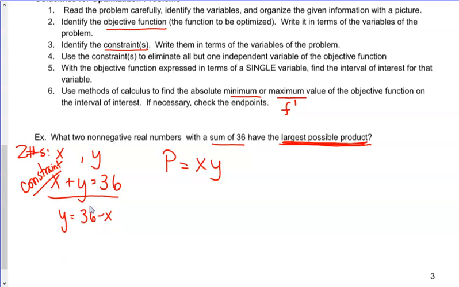And that is what I want to do now in step 4, to substitute that in. I think I wrote my constraint function first before my objective function, so I kind of went out of order, but you want to make sure that you have all of them. So I'm going to replace the y with what it's equal to, 36 minus x. And now I'm going to simplify this function as 36x minus x squared.